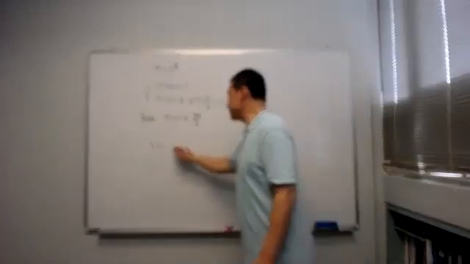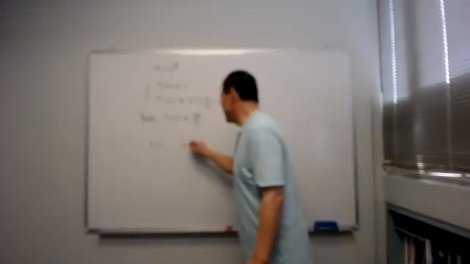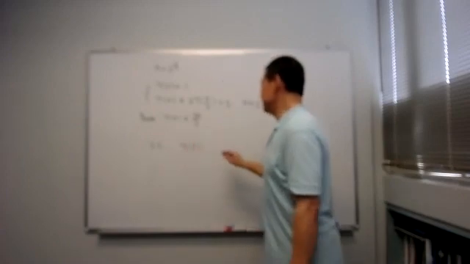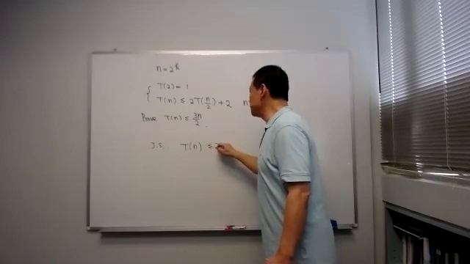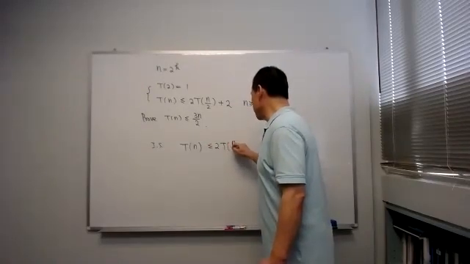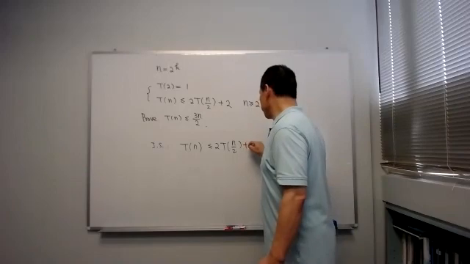Now for the inductive step, what we can do is very simple. T(n), using this recurrence, is at most 2 times T(n/2) plus 2.